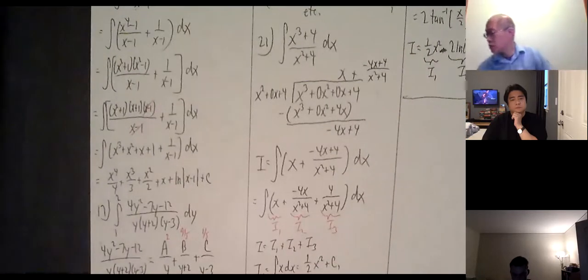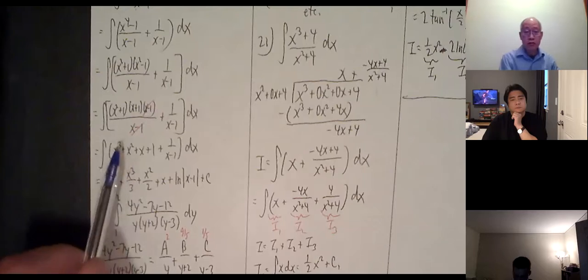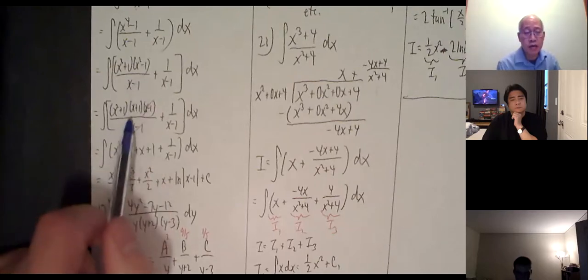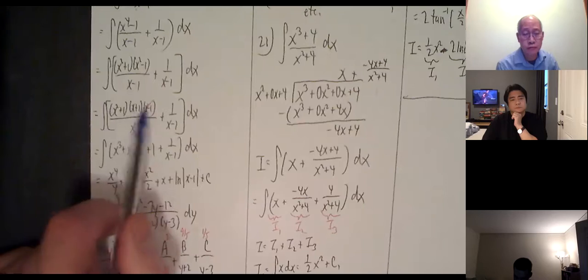Let me check something here real quickly. All right, so I have that now. Now I can change x squared minus 1 into x plus 1, x minus 1. And then these guys cancel out.